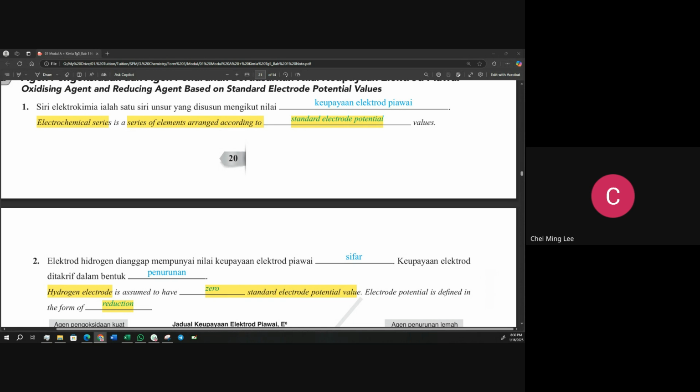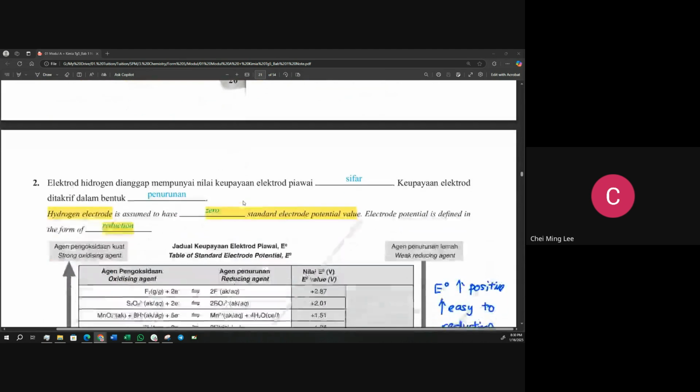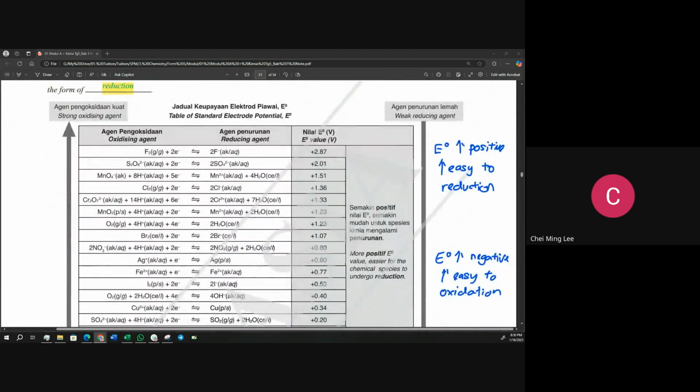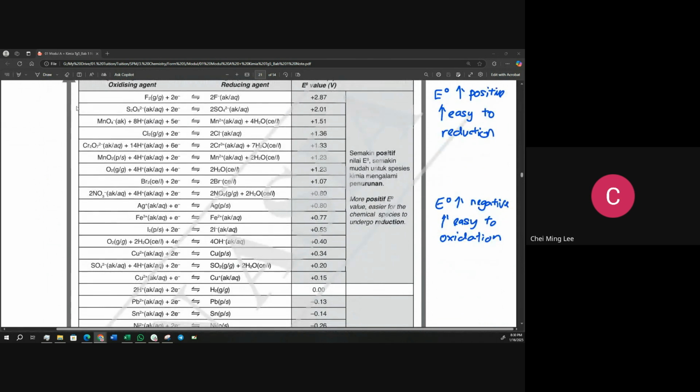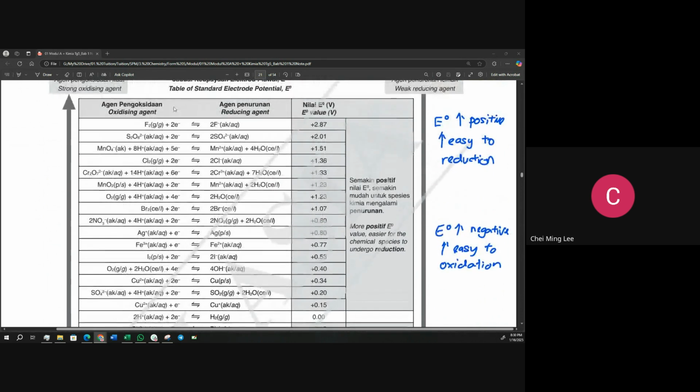Done, huh? Okay, let's continue. Now let's see the values. As we always know, fluorine has the highest value, which is plus 2.87, followed by sulfate, manganese, chlorine, and so on.